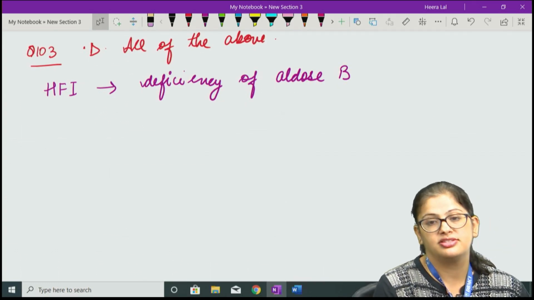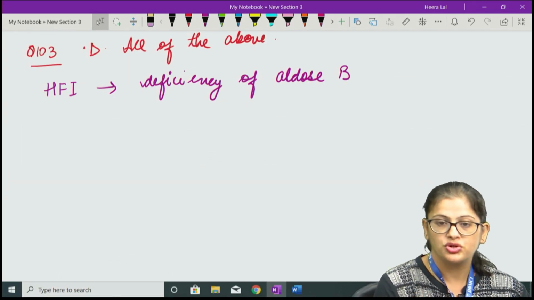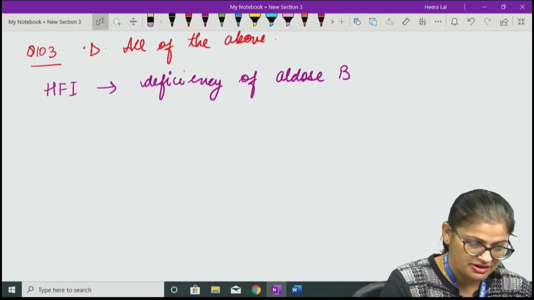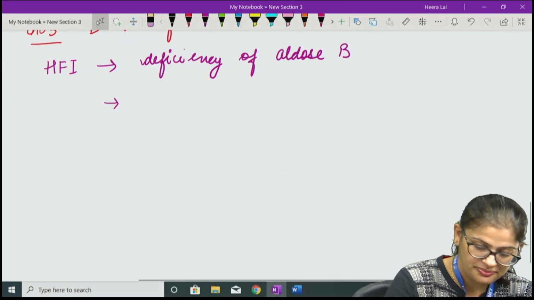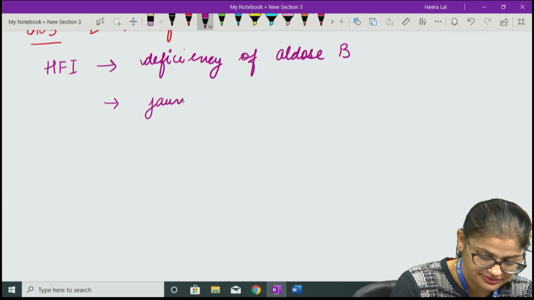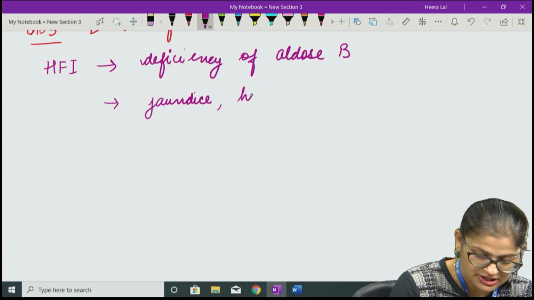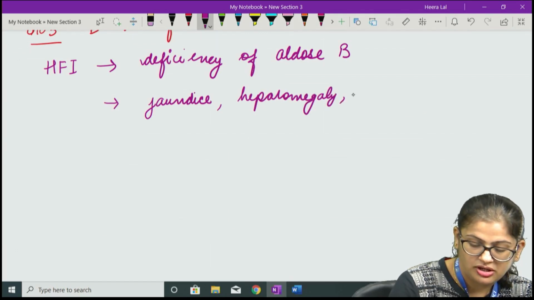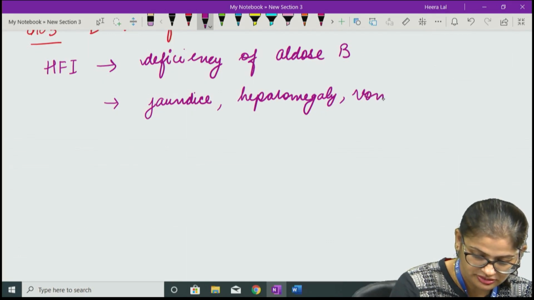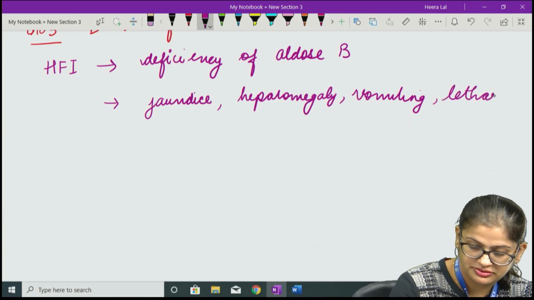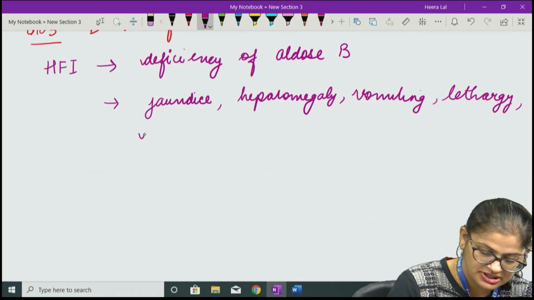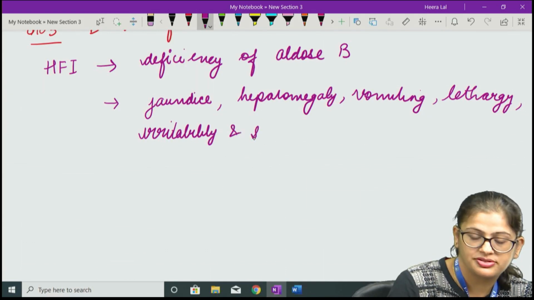So if they ingest fructose or sucrose, then the symptoms will manifest, and these symptoms can be jaundice, hepatomegaly, vomiting, lethargy, irritability, and seizures.